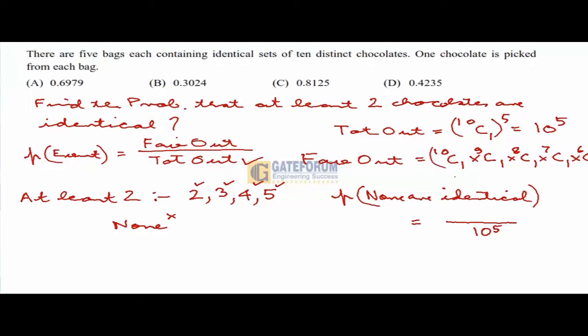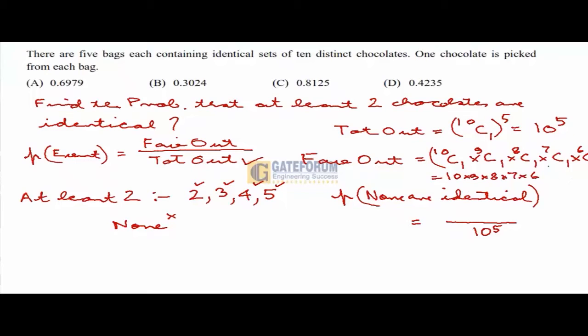So this is nothing but 10 into 9 into 8 into 7 into 6. Now 7 sixes are 42. 42 into 8 is 336. 336 into 9 would be 3024. 3024 into 10 would be 30240.